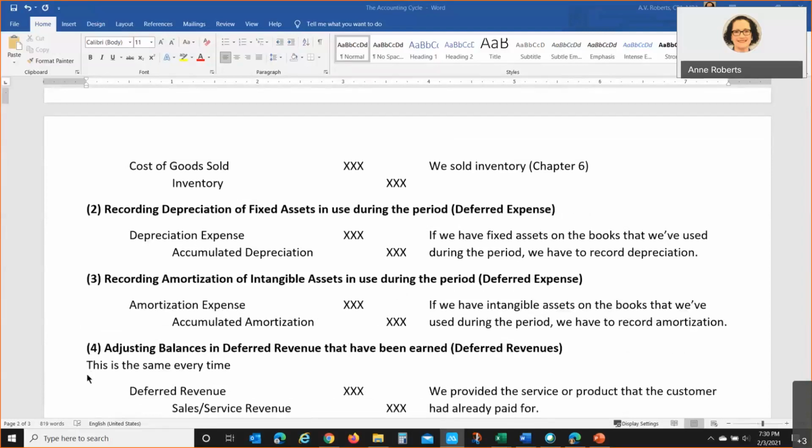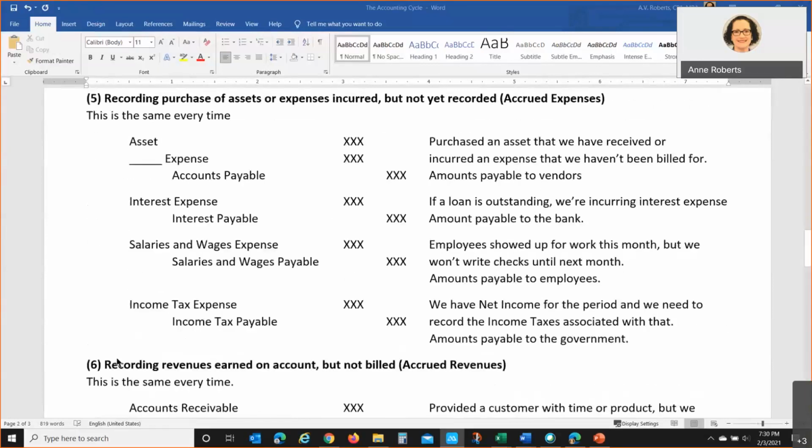So you saw an asset first or a liability first. The asset became an expense. The liability became revenue. In 5 and 6, now we're looking for things that are expenses that haven't been recorded yet. Wait, so how did a liability become revenue?